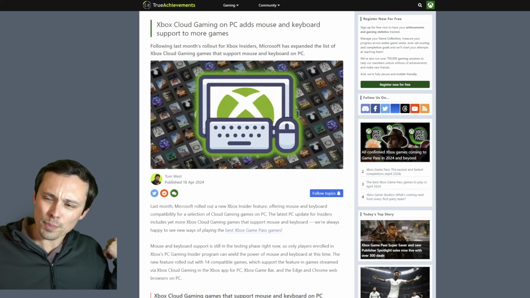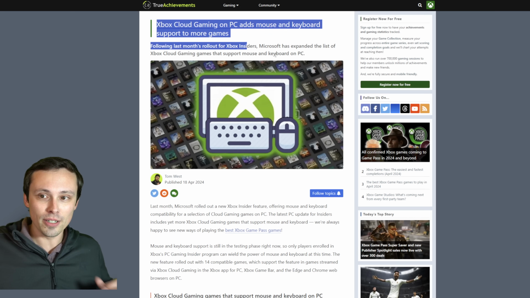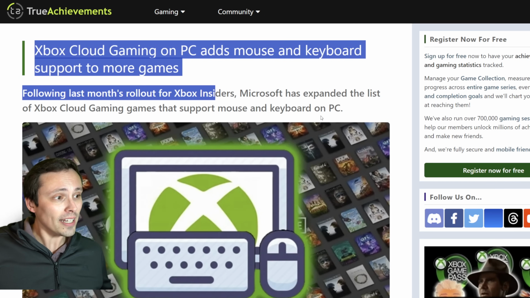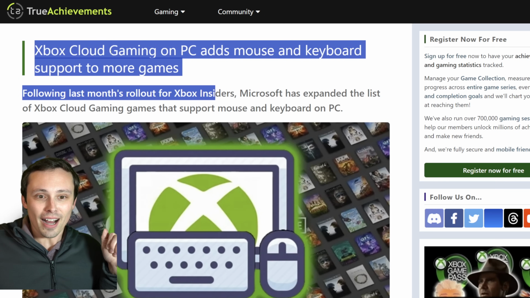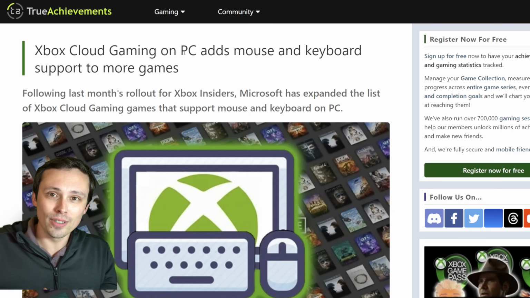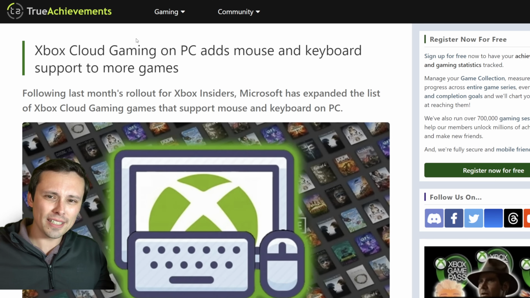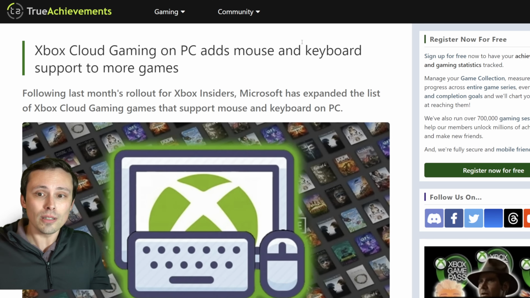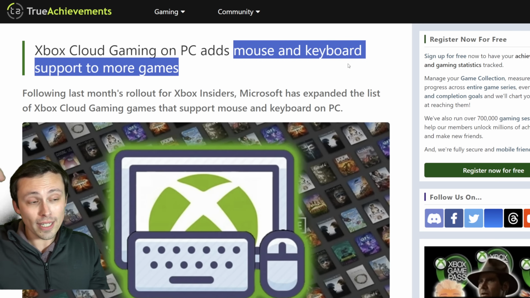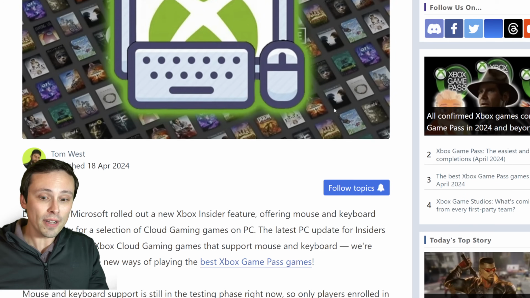And then speaking of cool things that I wanted to report on, this is more fixing something that I found annoying in the past. So Xbox Cloud Gaming on PC can be a little bit frustrating because it's really more of streaming console games, but you can stream it to your PC. So it's frustrating to do that on a PC and then not be able to use a mouse and keyboard. But it's looking like we're getting more and more games supporting mouse and keyboard for Xbox Cloud streaming, which I think is a very welcome addition.